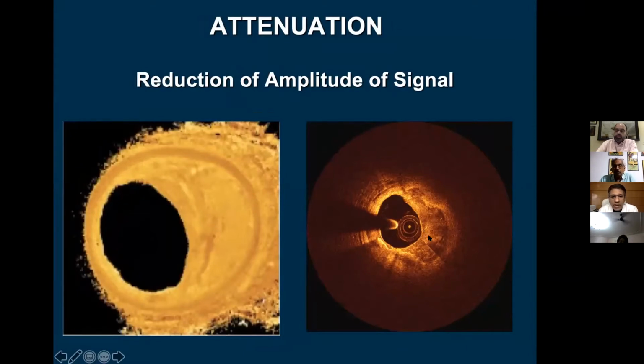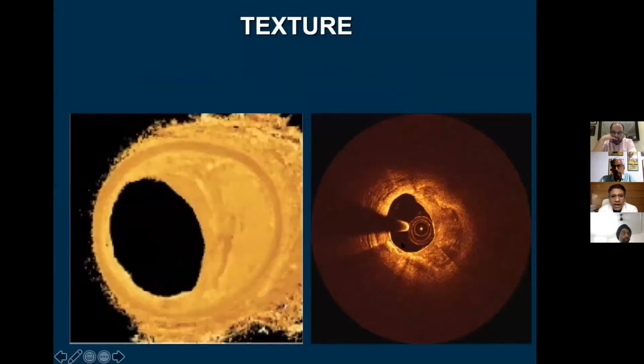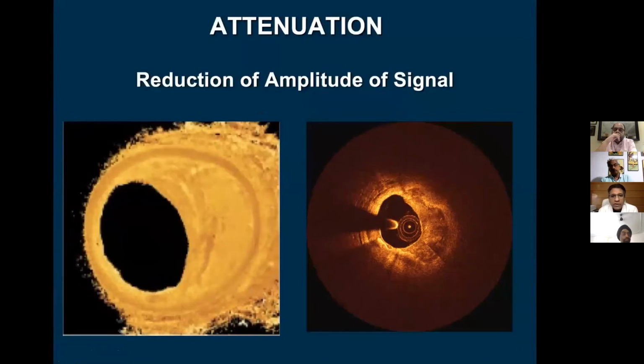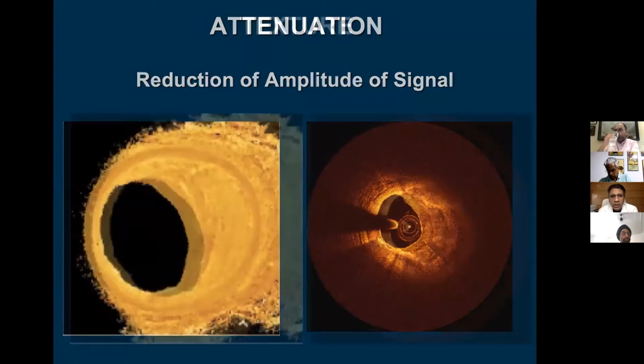While here you can see the signal is lost, so this is a high attenuation lesion. Now texture can be homogeneous or heterogeneous. Here you can see a homogeneous signal, while here you can see heterogeneous. So in the same image you can see three characteristics: backscatter, high or low; attenuation, which is reduction in amplitude of signal, high or low; and texture, homogeneous or heterogeneous.